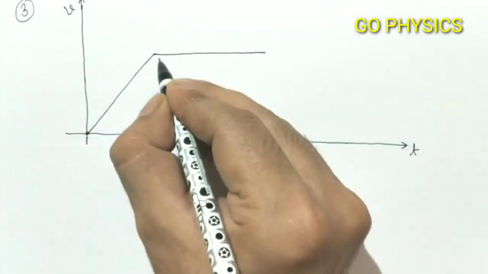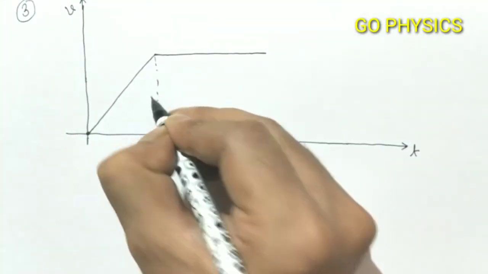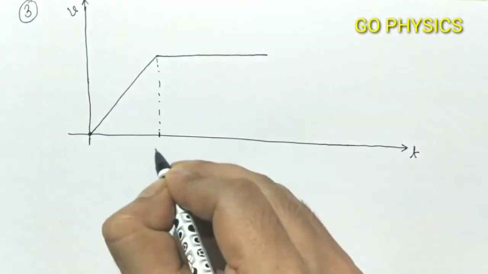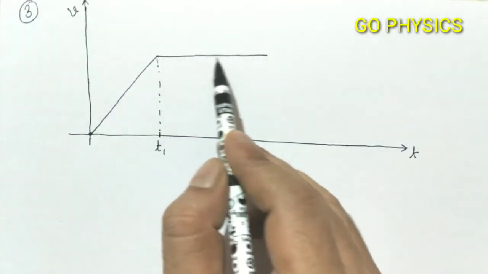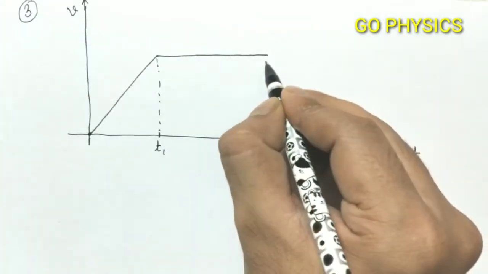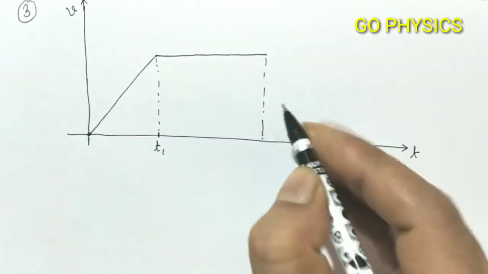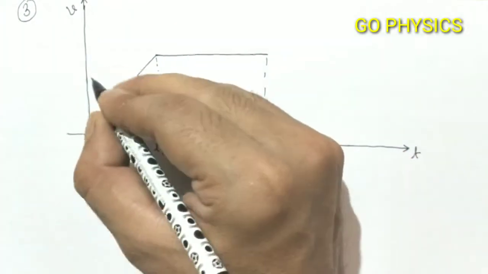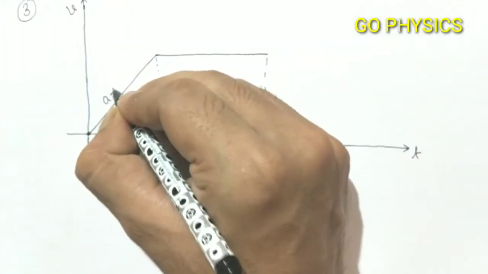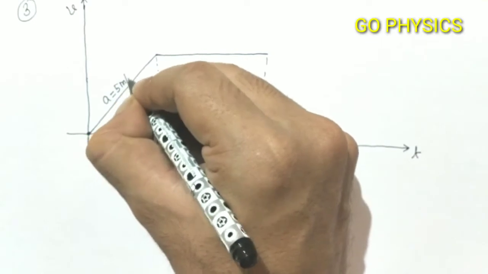for some time. Let us suppose it accelerates uniformly for a time t1, and after time t1 it moves with a uniform velocity for a time t2. The acceleration of the particle is given as 5 meter per second square.